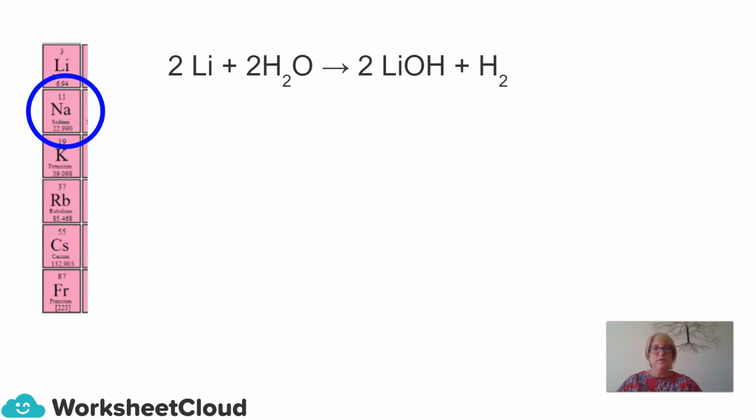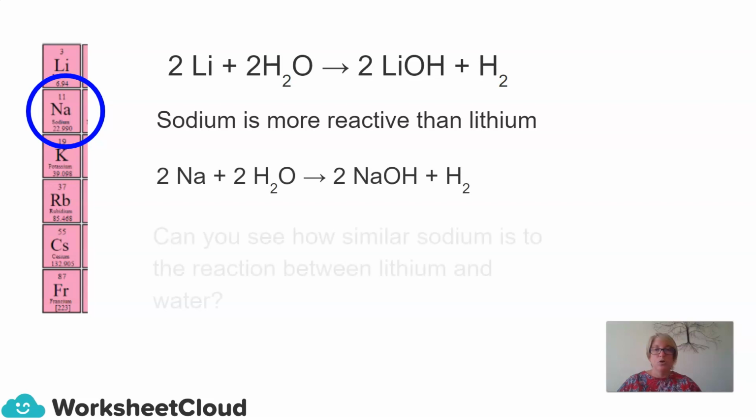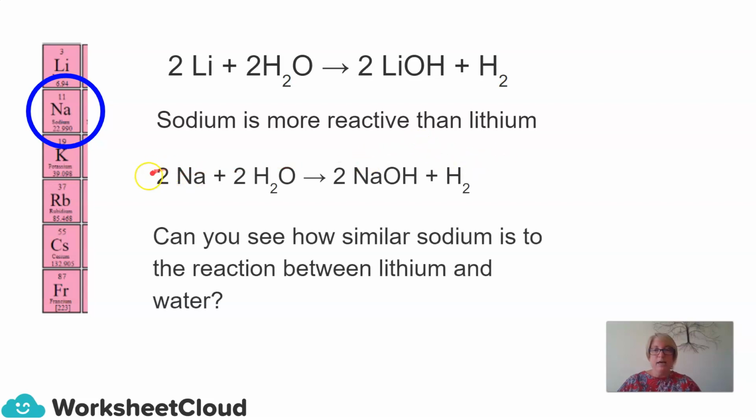So let's move down to the next element in group 1, and that is sodium. So sodium, remember, is more reactive than lithium. So here is going to be the chemical reaction with sodium and water. And can you see how similar it is to the reaction between lithium and water?